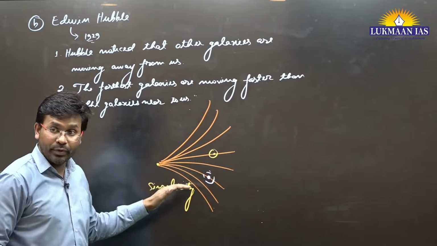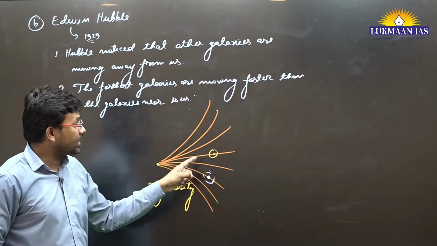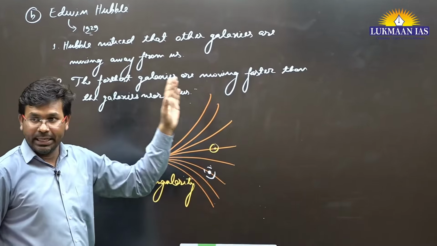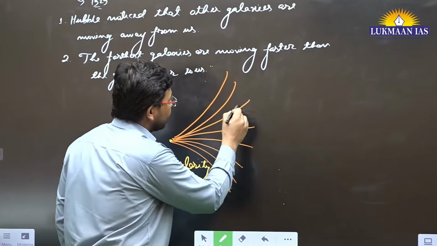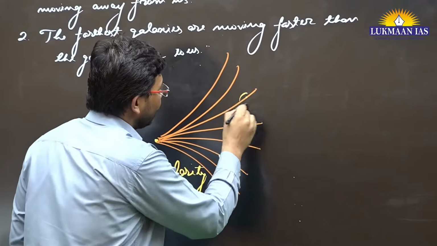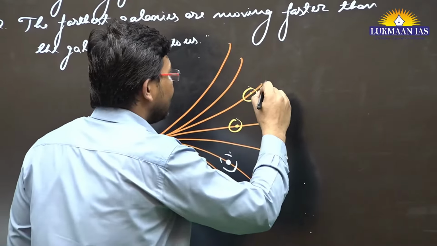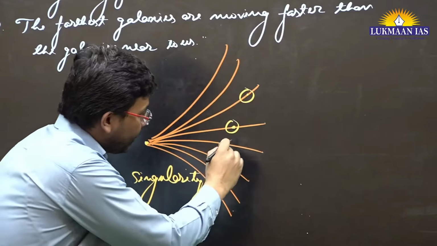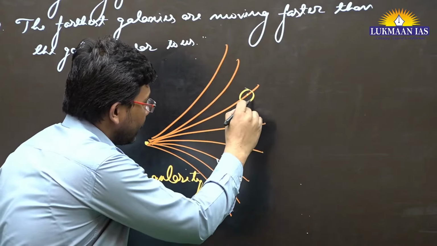This galaxy is moving away from us. But those galaxies that are located far away from us are moving faster. There can be another galaxy located over here, moving faster than the galaxy that is moving away from us.